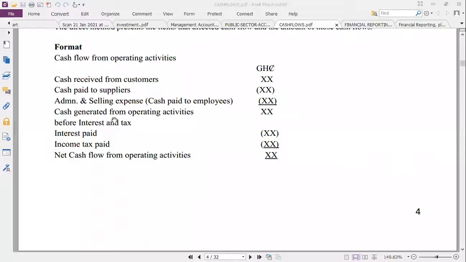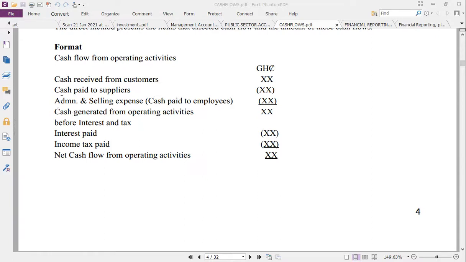So number one, you have cash received from customers and cash paid to suppliers. All outflows, put them in brackets. That is negative, outflow, payment. All receipts, inflows, let them stand positive.